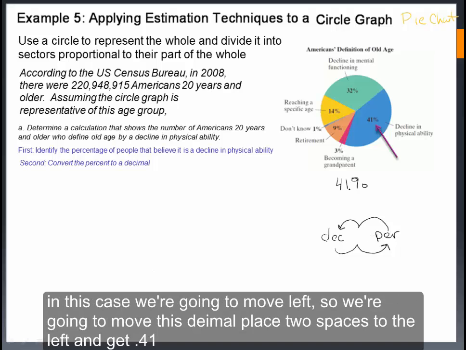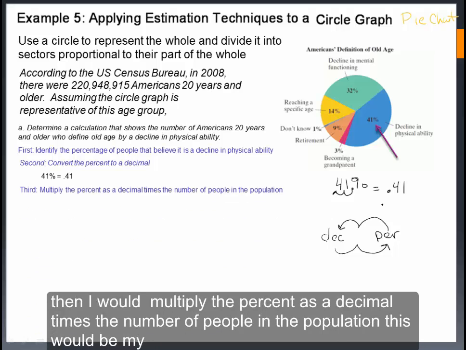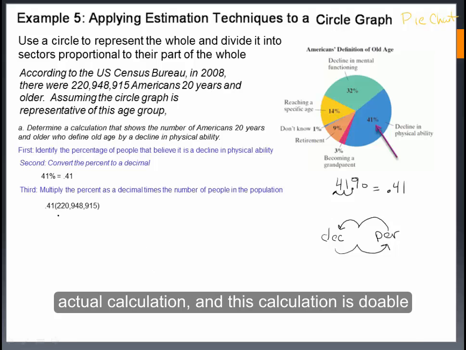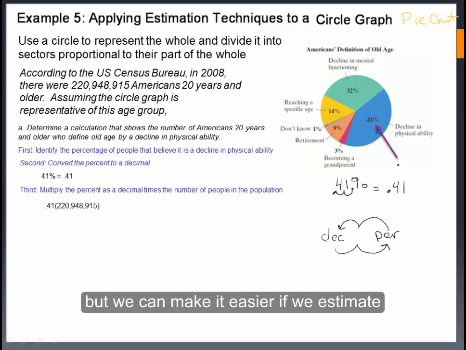In this case, we're going to move left, so I'm going to move this decimal place 2 places to the left and get 0.41. Then I would multiply the percent as a decimal times the number of people in the population. This would be my actual calculation. And this calculation is doable, but we can make it easier if we estimate.